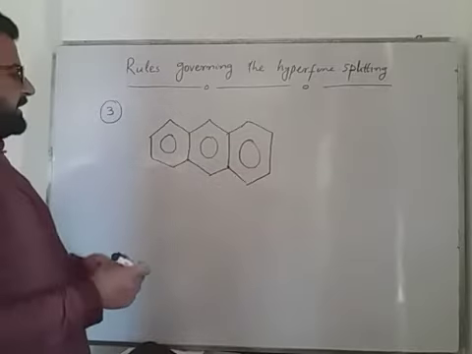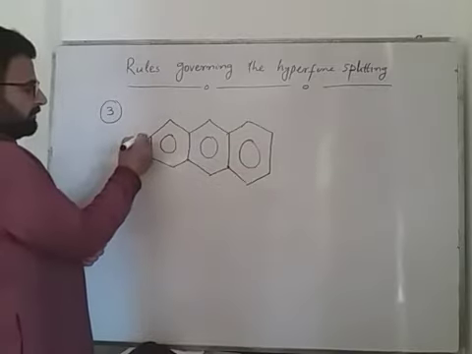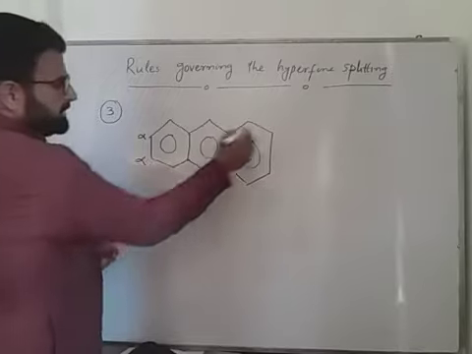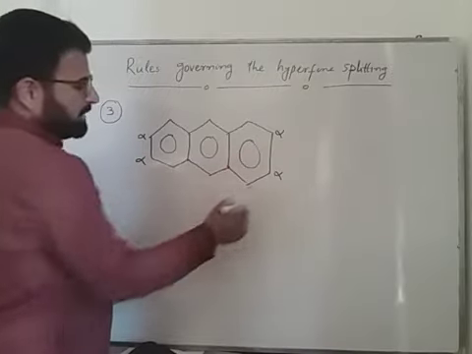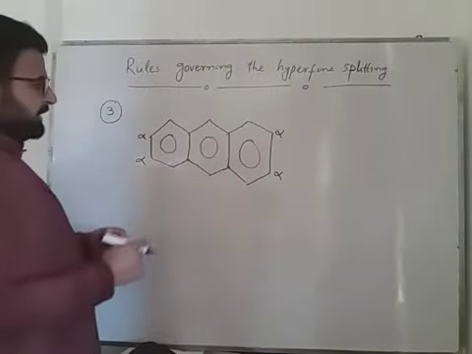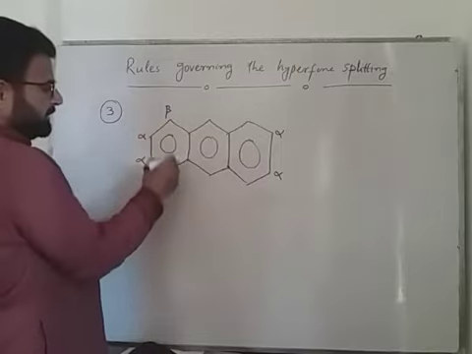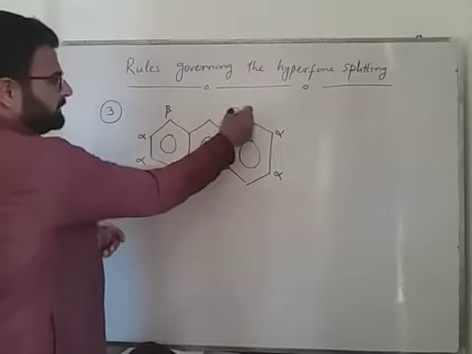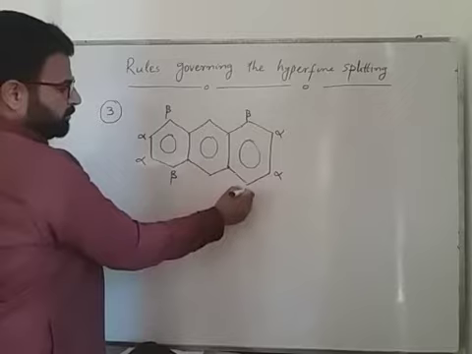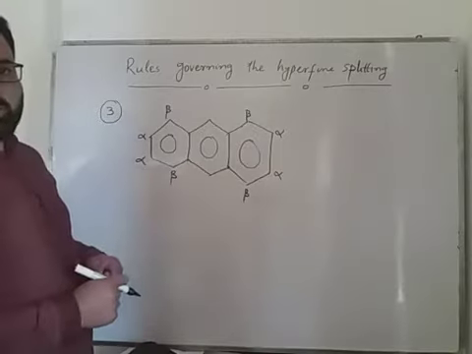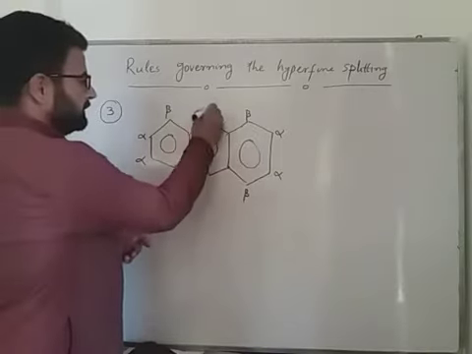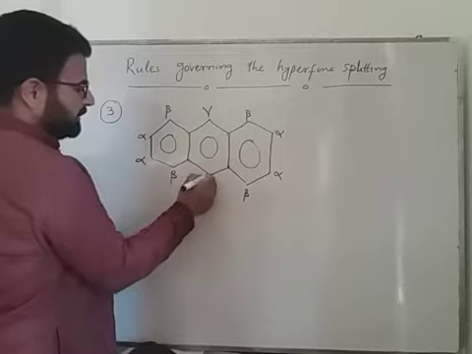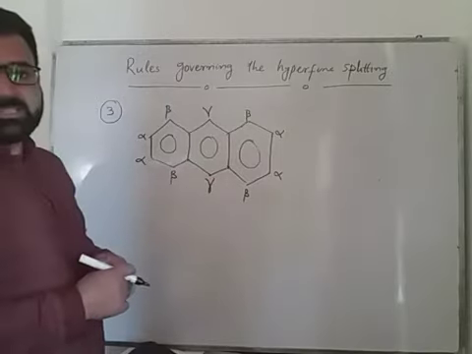In case of anthracene, this proton, this proton, this proton and this proton, they are equivalent. Similarly, this and this proton are equivalent. And this proton are equivalent. So there are 3 sets of equivalent protons.